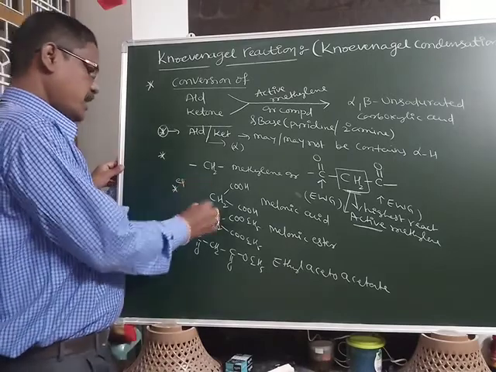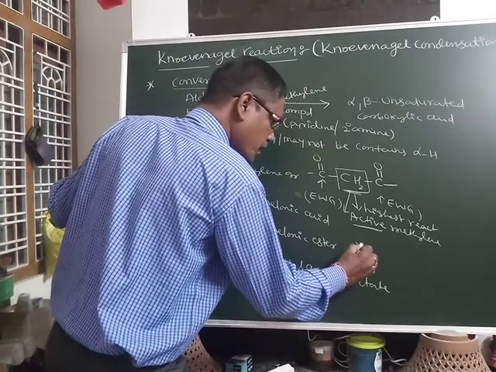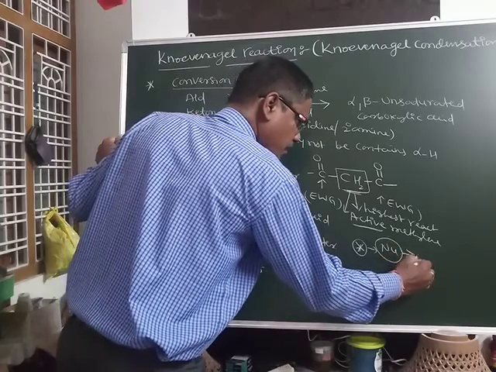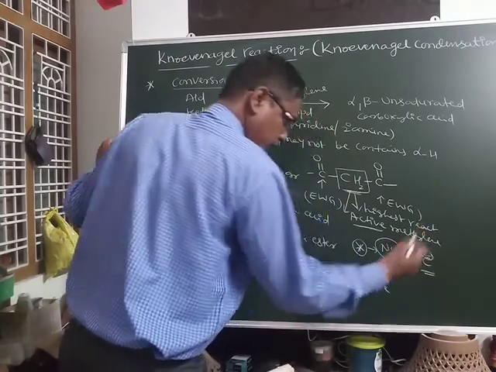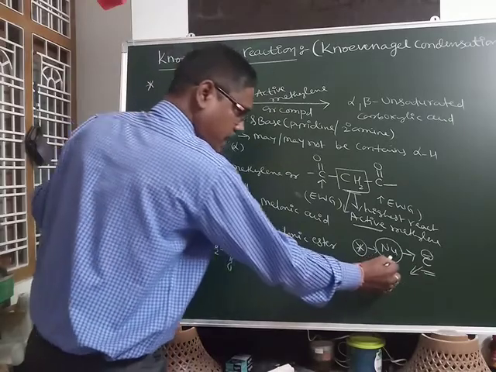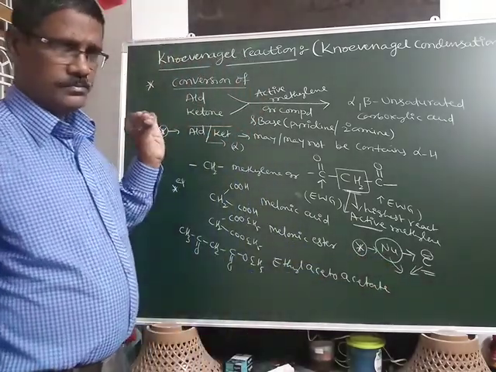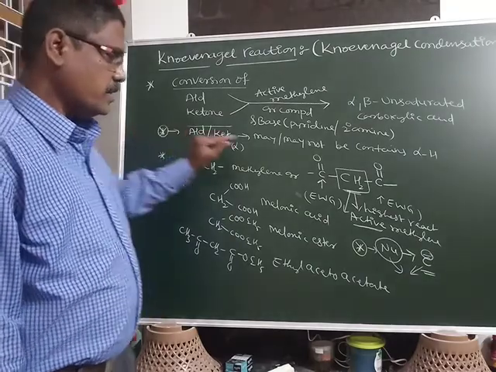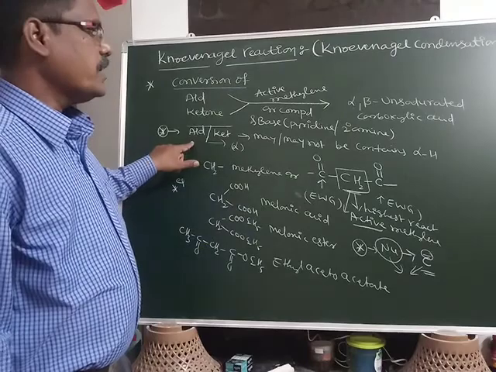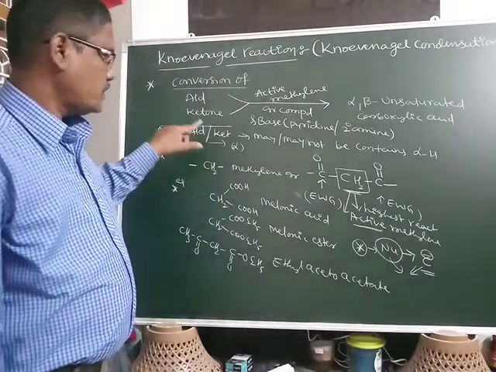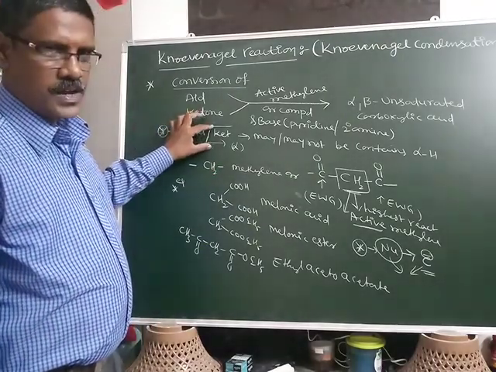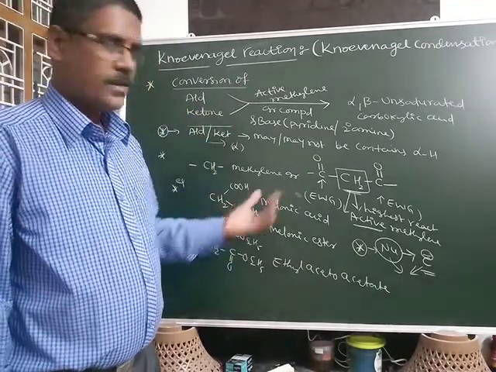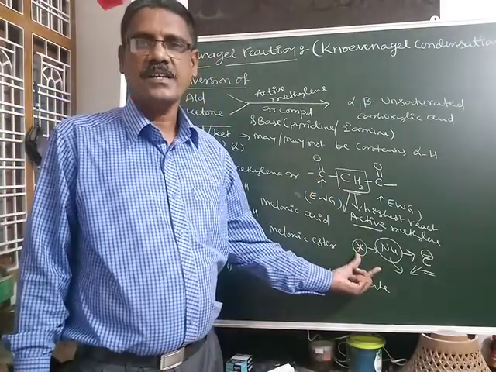Now in this one the active methylene group acts as a nucleophile and will form carbanion. Due to this carbanion, it acts as a nucleophile. That's why this nucleophile attacks the aldehyde or ketone. Aldehyde or ketone is the first reacting molecule, and the active methylene group is the nucleophile producing reactant.